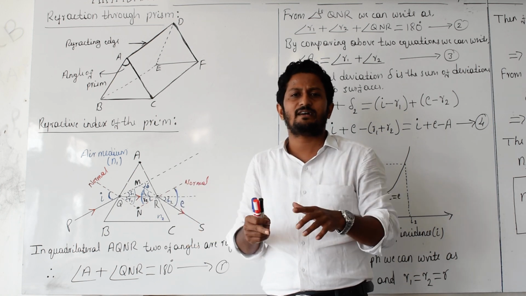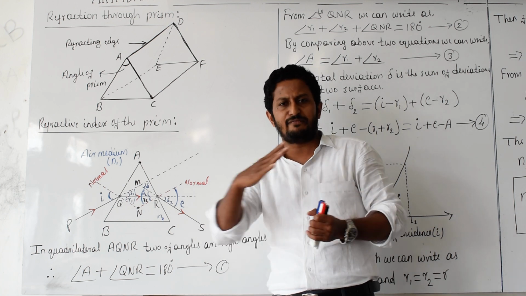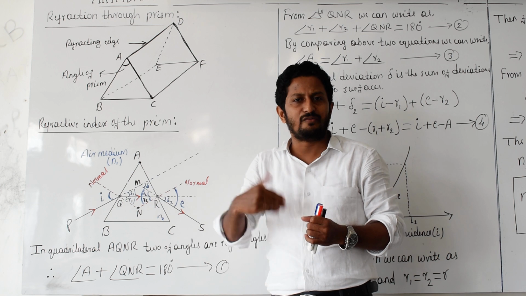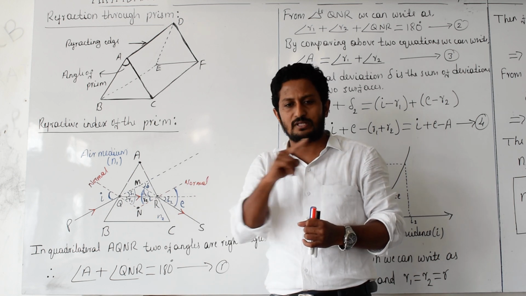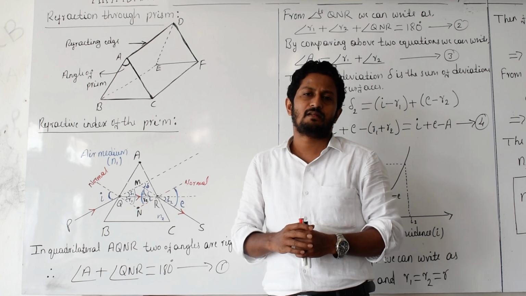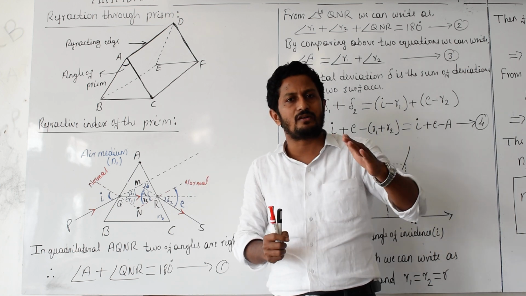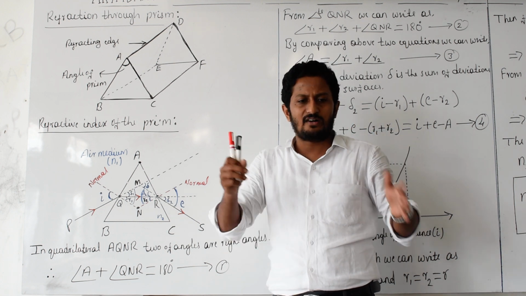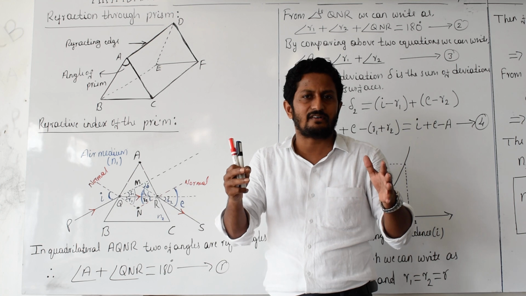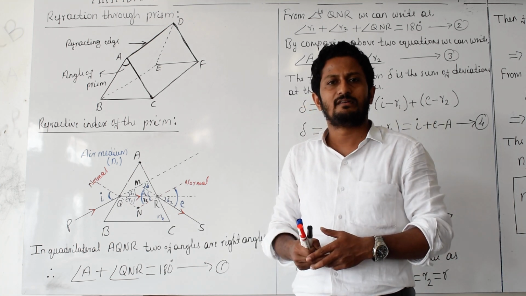Okay? They have performed one experiment with different angles of incidence. They passed the light rays through that prism. For every angle of incidence they got the respective angle of deviation. After getting a set of readings, they plotted a graph.